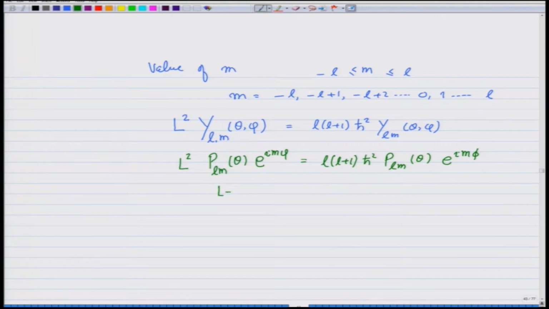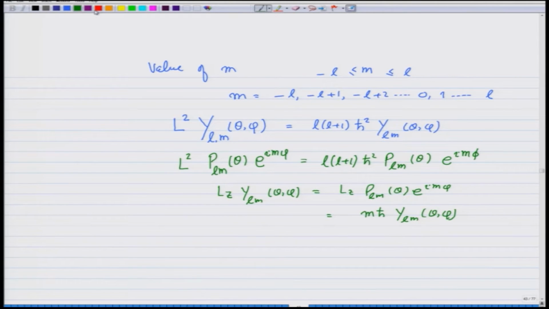And Lz operating on Y Lm theta and phi is nothing but Lz operating on P Lm theta e raised to i m phi, and that gives me m h cross Y Lm theta and phi.